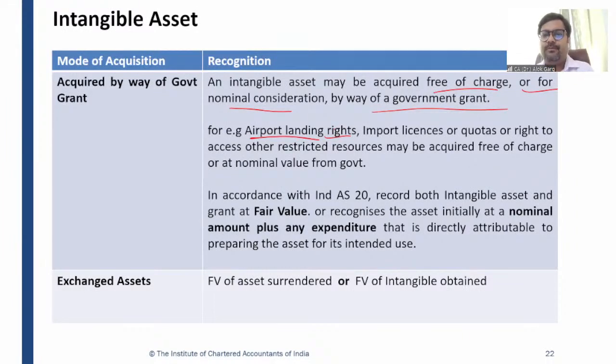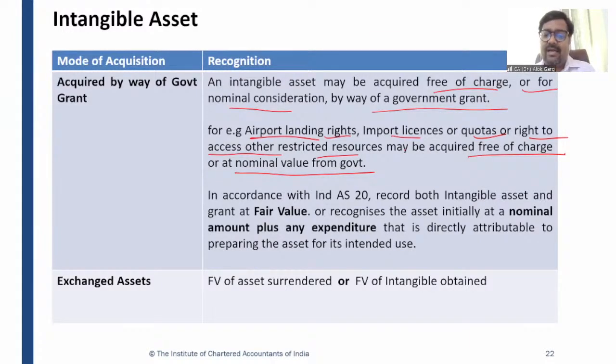So when government is giving free of cost airport landing rights or at a concessional rate, import licenses, quota, or right to access other restricted resources, it may be acquired either free of cost or at a nominal value from the government.